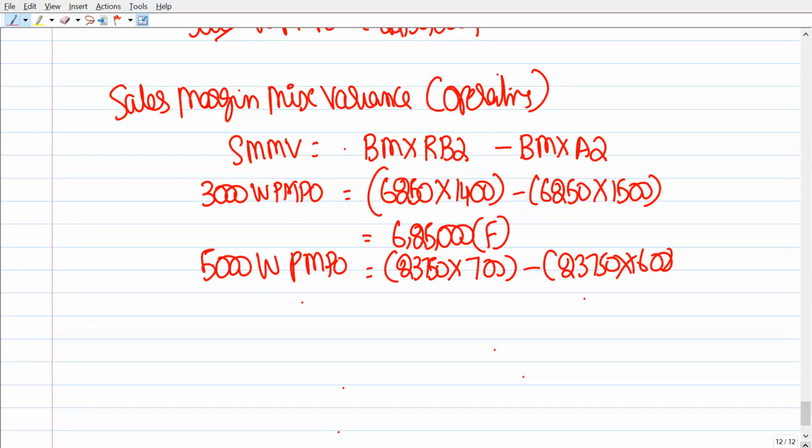The other one is 23 lakh 75,000 adverse.